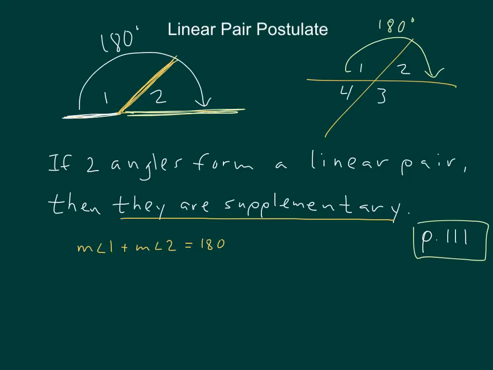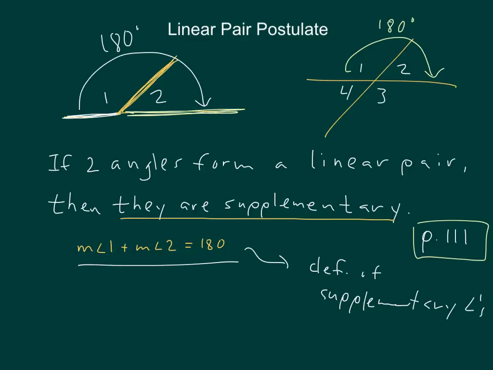And then the next step, they might say the measure of angle 1 plus the measure of angle 2 equal 180. And for that, they will require the reason as definition of supplementary angles. But it is sort of confusing because it says in the proof box that measure of angle 1 and measure of angle 2 equal 180. So in our proofs, we're going to go ahead and make it more efficient.